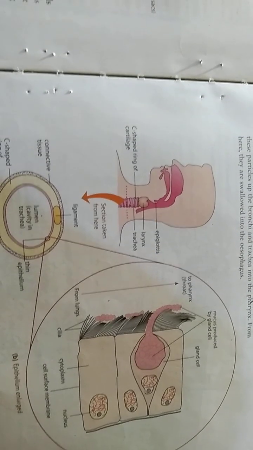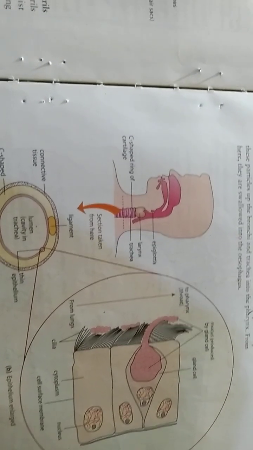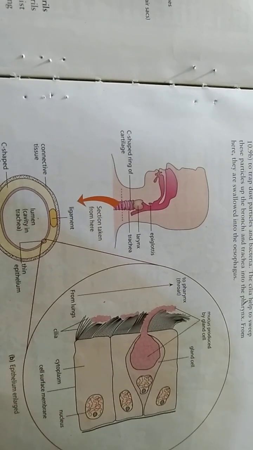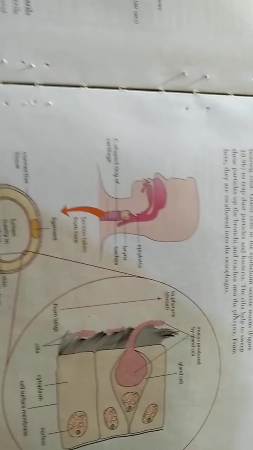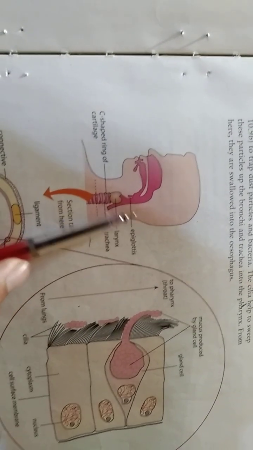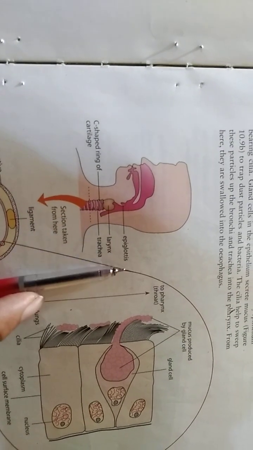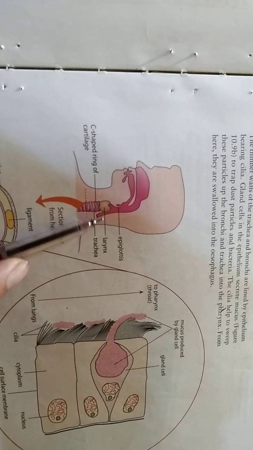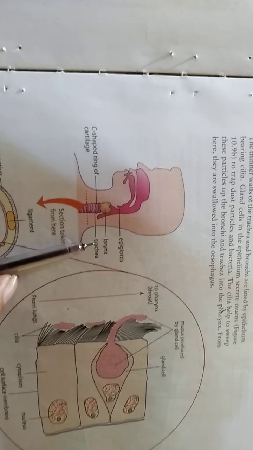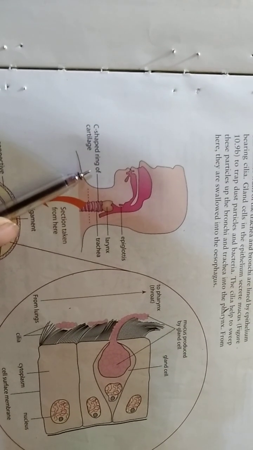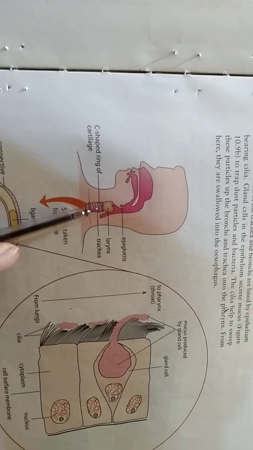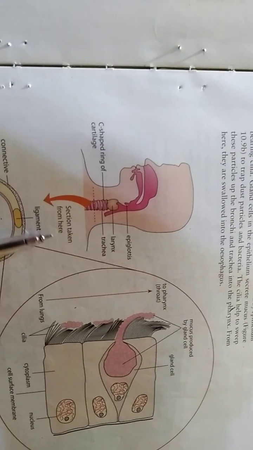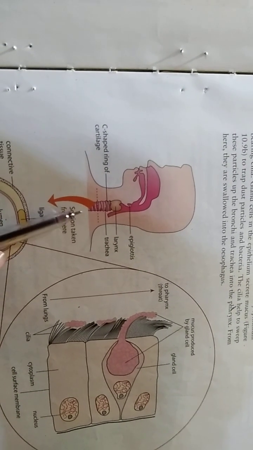Look at this diagram and try to understand the structure of the trachea and the process of air passage. Here the epiglottis is present, and here the larynx, and this is the trachea, with C-shaped rings of cartilage. These are C-shaped rings. Section taken from here.